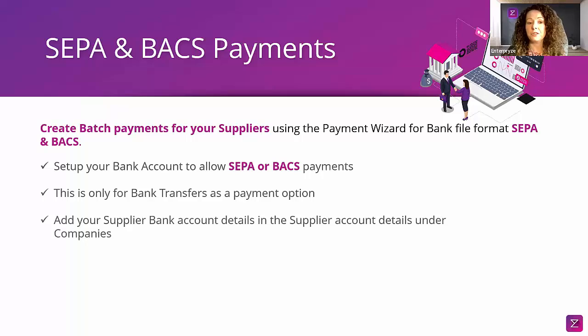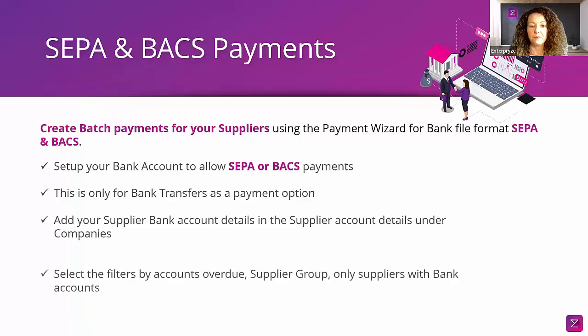You simply add your supplier bank account details in the supplier account under details, under their company details. Okay, so when you're defining your supplier details, you go into their banking, into their finance and tax tab then to update their bank account details.